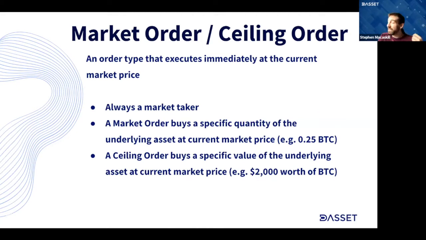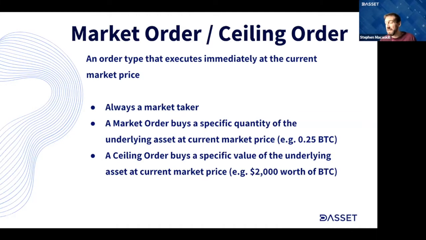Because there are so many traders and market participants on our markets at any given time, in the fraction of a second between you placing the order and the order submitting, the price might change. It's not really going to change a lot.